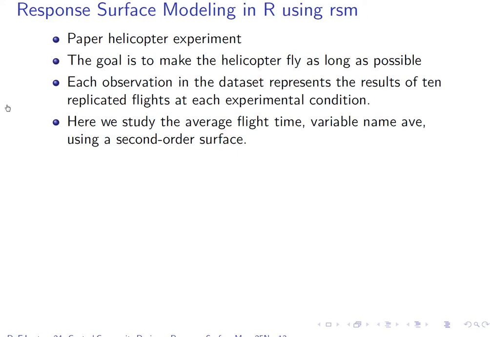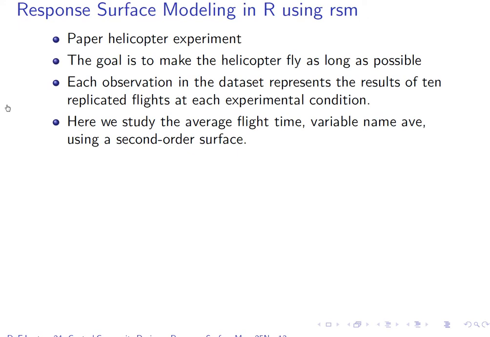But suffice it to say that each of the observations that you have is 10 replicates, right? So there were 10 repetitions, and they were averaged to form each data point in the experiment. So the data frame has average flight time, which is called AVE, and the 4 factors.